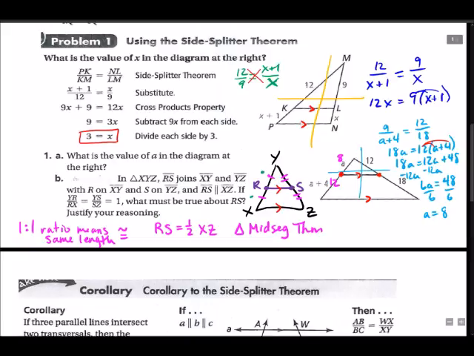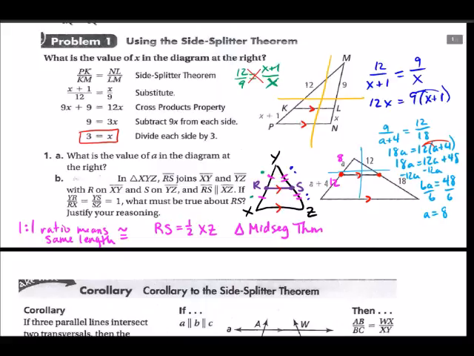YR and RX, those we expected to be proportional, and YS and SZ, we expected those to be proportional. But the scale factor is 1. What must be true about RS? Well, if our scale factor is 1, if we have a 1-to-1 ratio, that means they're the same length.